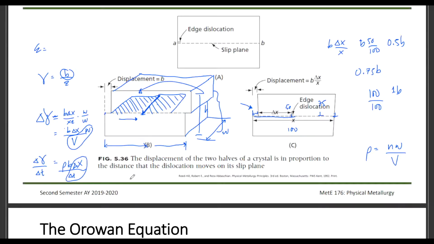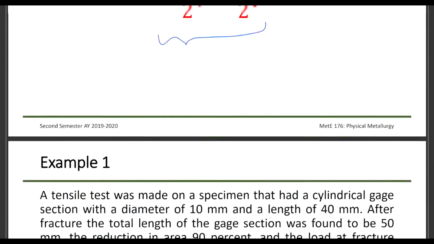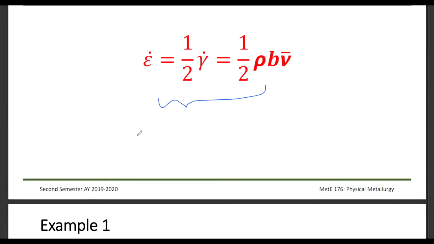So we end up with the equation delta gamma over delta t is equal to rho b v, where v is the average velocity of the dislocation, b is the Burgers vector, tapos rho is the dislocation density.